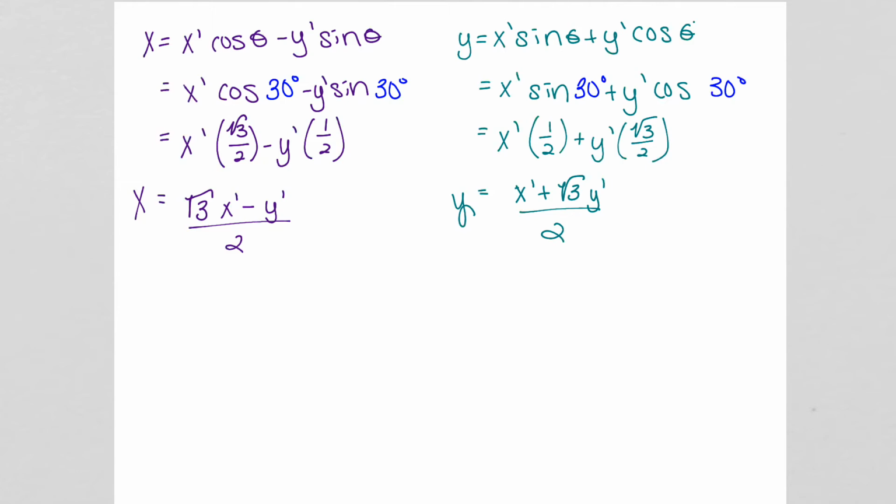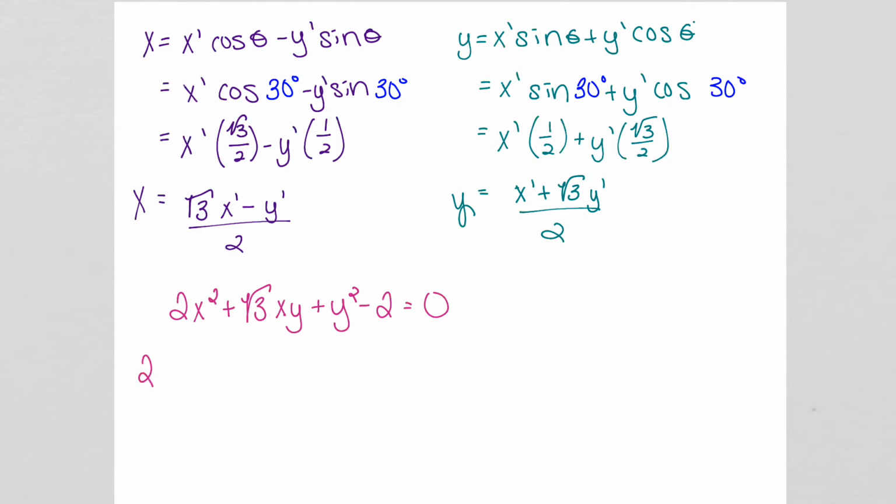Next step is to plug in. So we're plugging in x and y into our original equation, which was 2x squared plus the square root of 3xy plus y squared minus 2 equals 0.